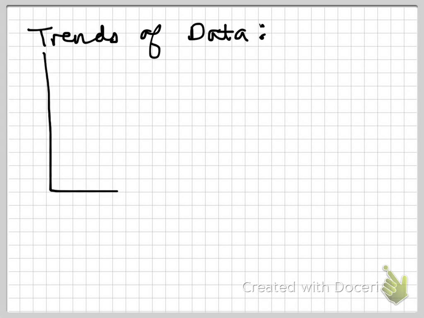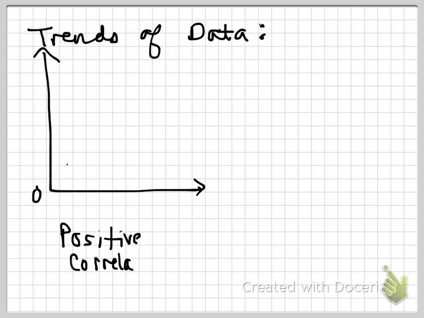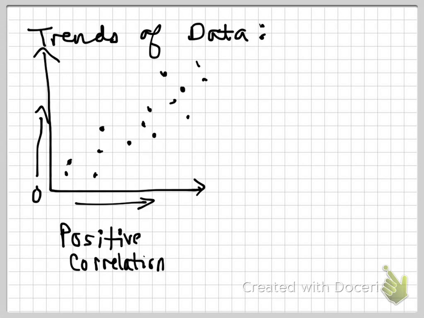a positive correlation. If you have your graph, here's 0 in your graph. So positive correlation is going to look something like this, where you have some points, and generally, as you increase on your y-axis, you're increasing on your x-axis, or x-axis and y-axis are both increasing.